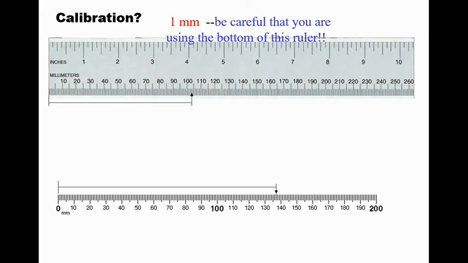So when we use the bottom, we'll see that the calibration is 1 millimeter, which is also 1/10 of a centimeter. And I will have a reading of 103.5 millimeters.